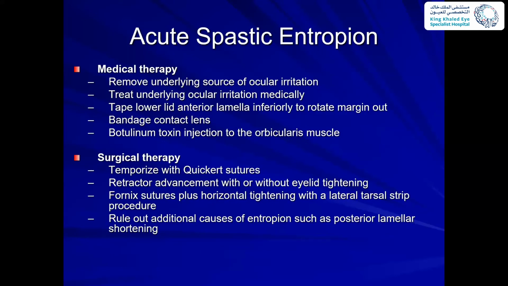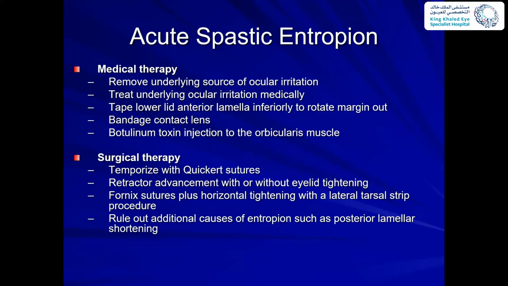How do we treat acute spastic entropion? We treat it with medical treatment to remove the underlying cause of ocular irritation, along with ocular lubrication. Sometimes we may need a bandage contact lens. Botulinum toxin injection to the orbicularis muscle is one of the treatment options for these patients as a temporary measure.